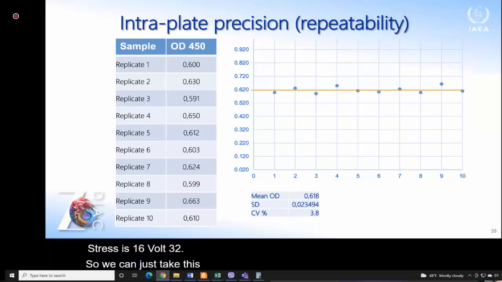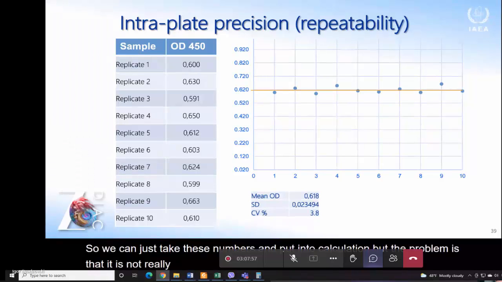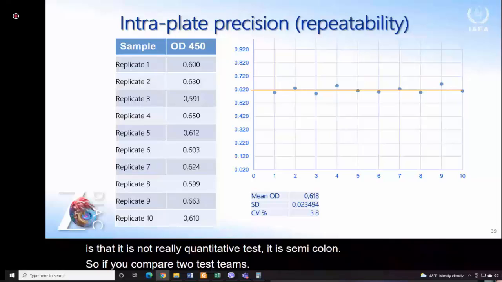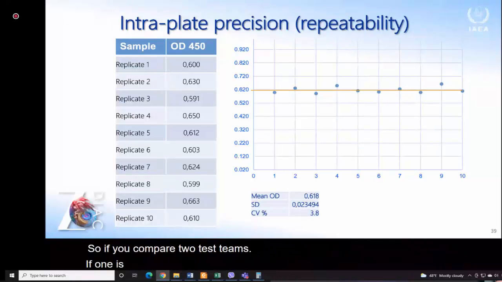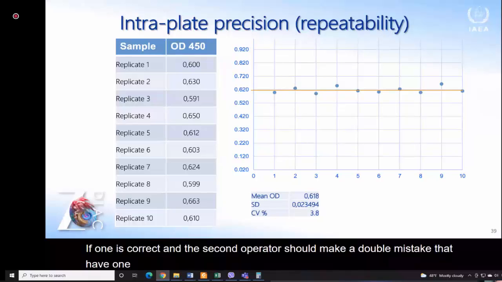But the problem is that it is not really a quantitative test, it is semi-quantitative. So if you compare two testings, if one is correct and the second operator should make a double mistake to have one dilution wrong. So it is really a huge mistake.